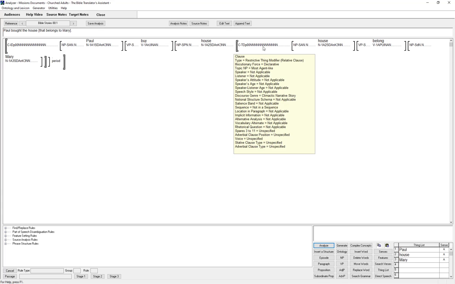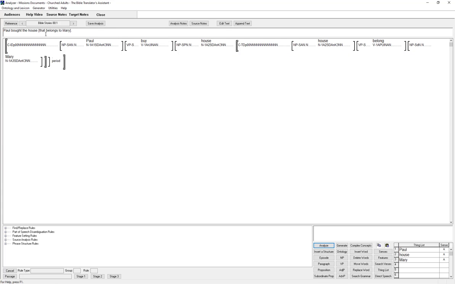And the reason it recognized it as a relative clause is because I had the relativizer or complementizer that, the house, but house is not marked as contextually near, which it would happen if it interpreted that as a demonstrative.